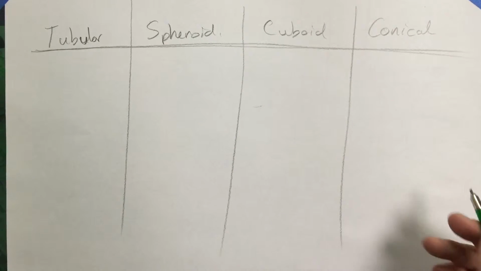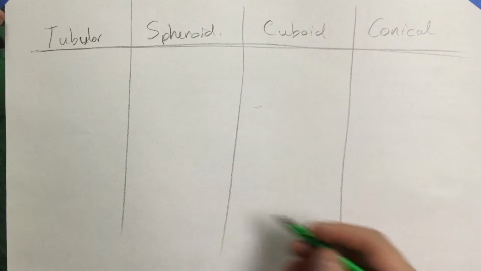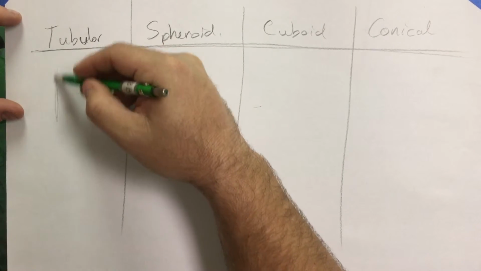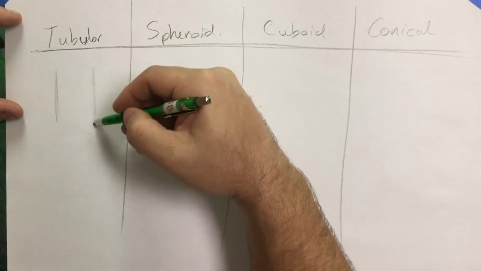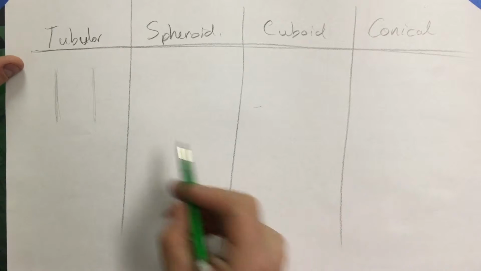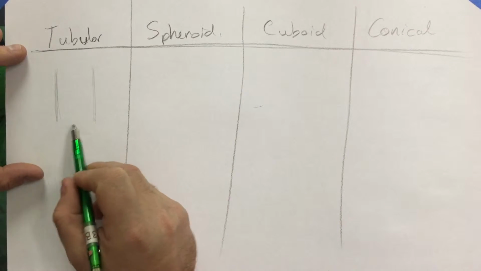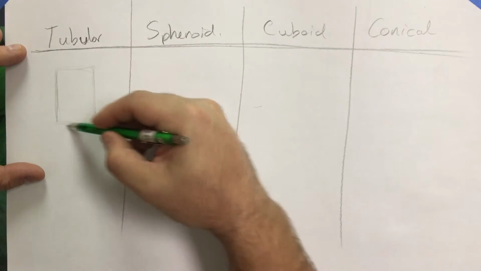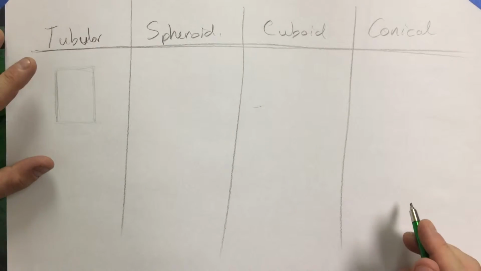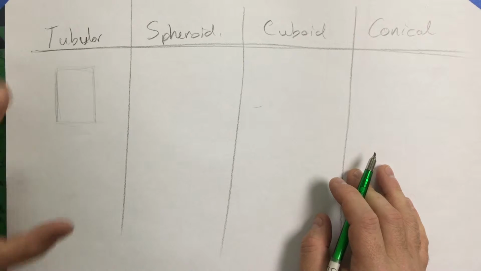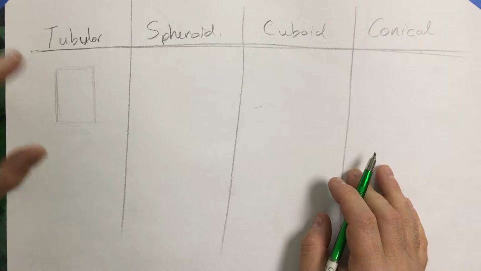So tubular, very simple. One of the ways that I start to draw a cylinder, and I learned this by looking at drawing books as a kid, especially John Buscema. You could always tell in a lot of the drawing stuff that he did that he started with a rectangle. So everything that we're going to start with is going to be based in shape, and then we're going to turn it from shape to form.